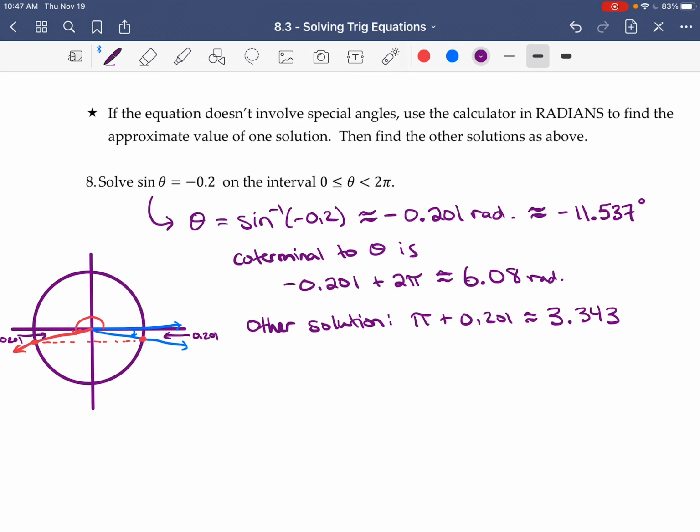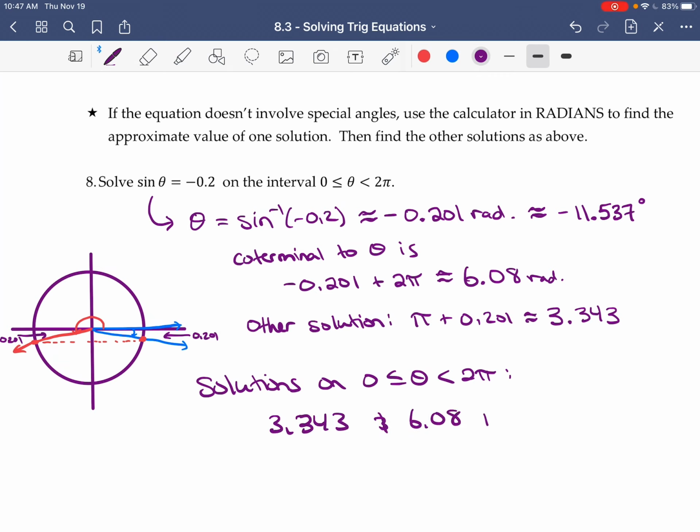Okay, now it wants solutions on the interval, so those are actually going to be the only two. So solutions on the interval from 0 to 2 pi are 3.343 and 6.08 radians.